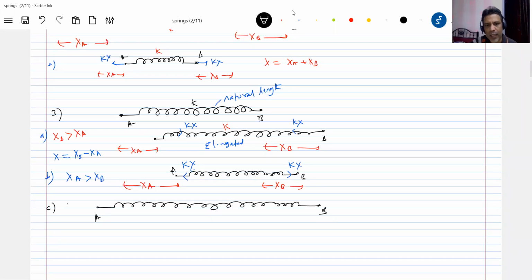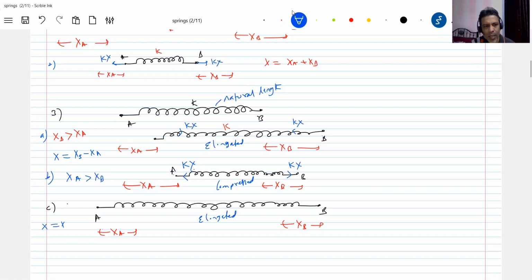And how is the displacement? The displacement of both ends of the spring is away from each other. So what is the state of spring now? It got elongated, no? Elongated. Now what is the elongation?